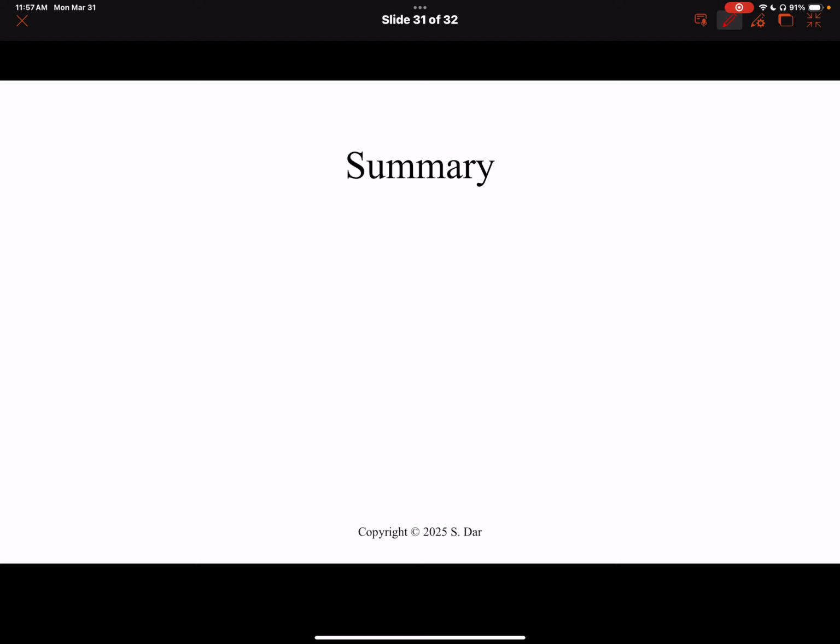That brings us to the end of the chapter. We talked about a couple of different things: how to find center of mass, the definition of linear momentum, the law of conservation of momentum.